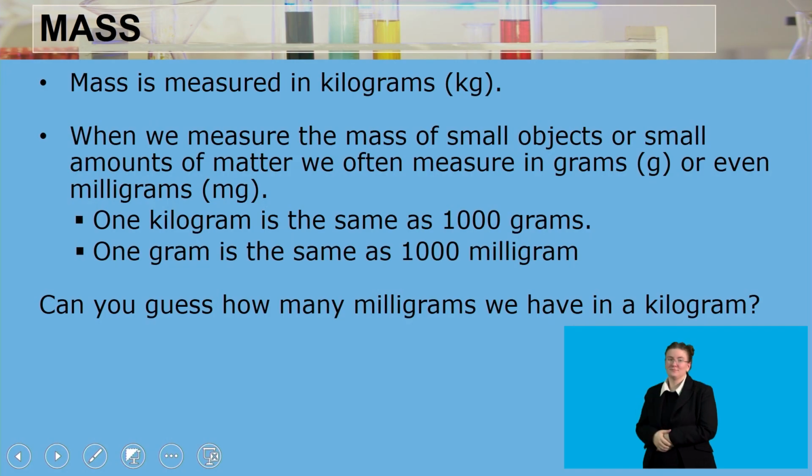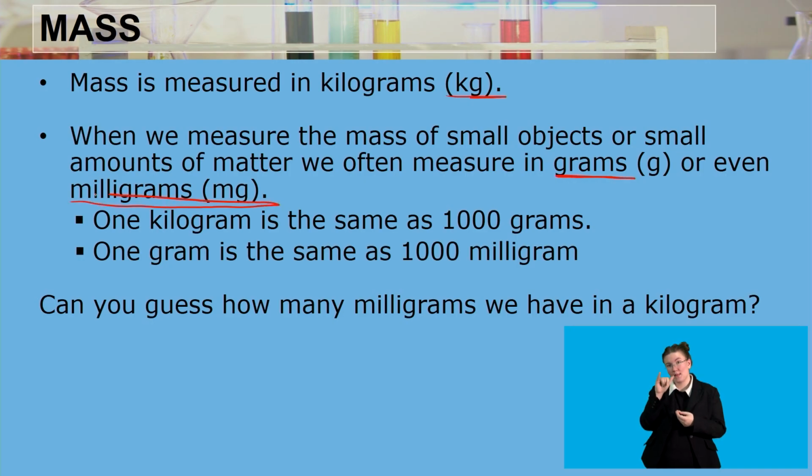We know that mass needs to be measured in kilograms. The SI unit for mass is kilograms, or kg as a unit. When we measure the mass of a small object or small amounts of matter, we often use grams. We use grams when you want to measure something that is very small, or we can even use milligrams if that substance is even smaller. So 1 kilogram is equivalent to 1,000 grams.